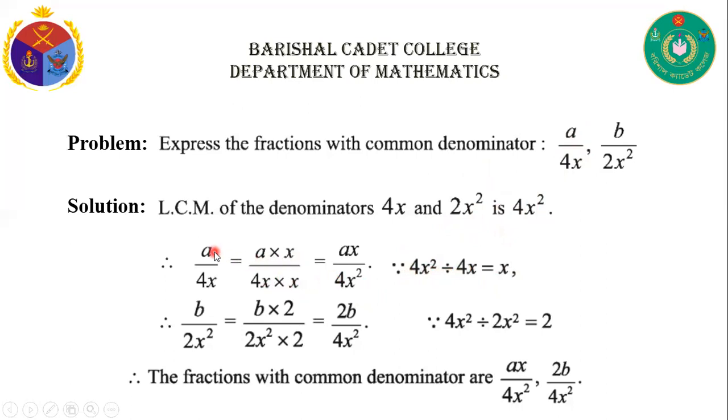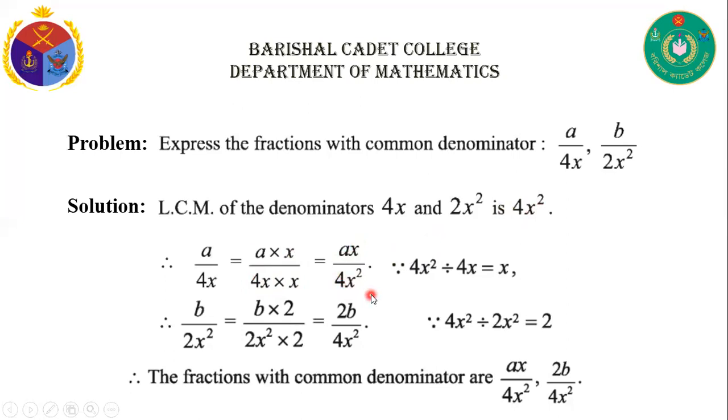The first fraction is a by 4x, and multiplying x in numerator and denominator, we get ax divided by 4x squared, the LCM form.